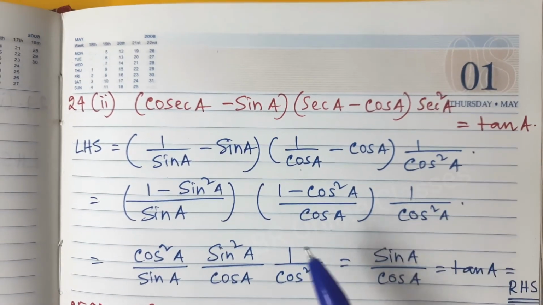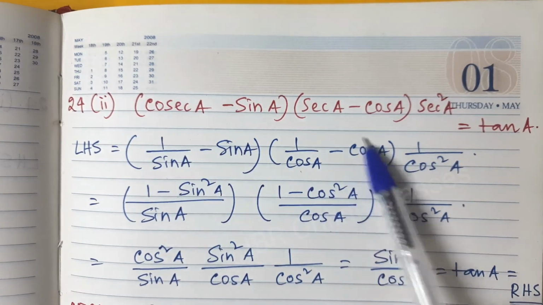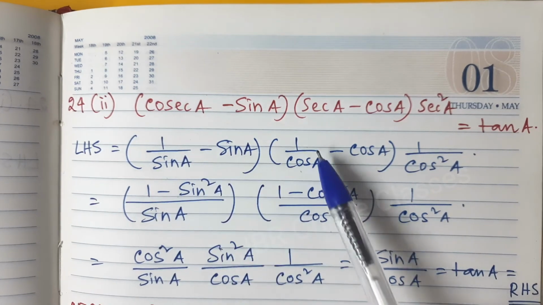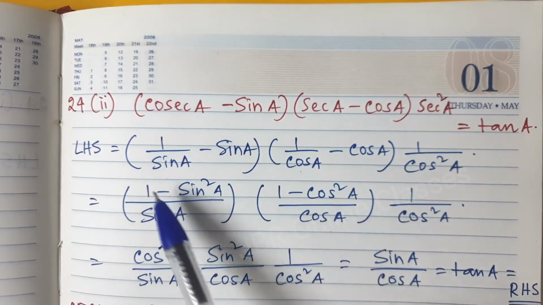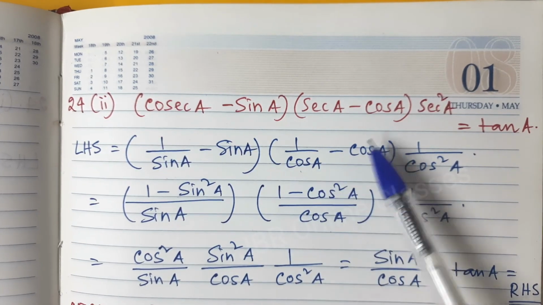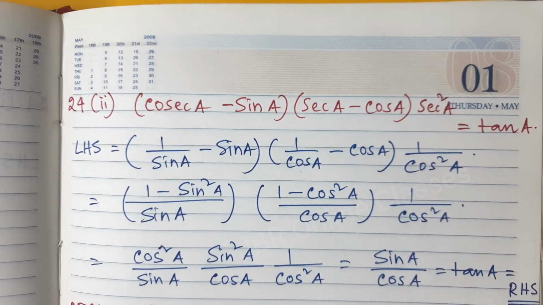Now in this term we will do the LCM, and in this term we will again do the LCM. The LCM is sin a here, and here the LCM is cos a. So it will be 1 minus sin square a, and similarly 1 minus cos square a in this term. And this is 1 by cos square a, that is there.